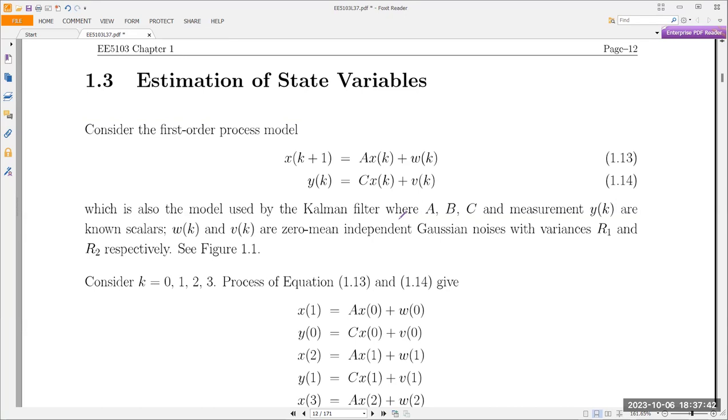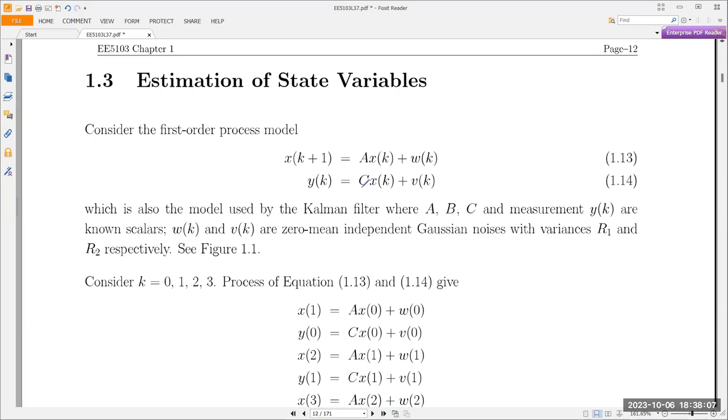So now we consider, just as an example, a first order process model. First order means all the A here are scalar, not matrices. C is a scalar, which means A is 1.1 or 7.3, C is 2.1 or 1 or 0.1. It's just scalar.